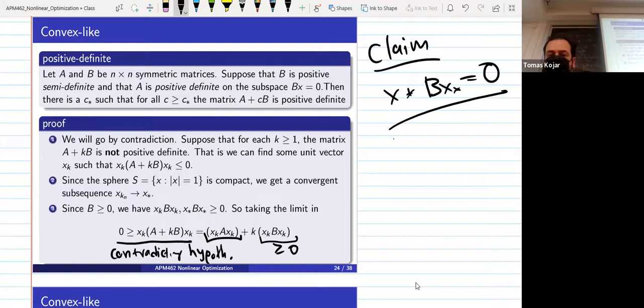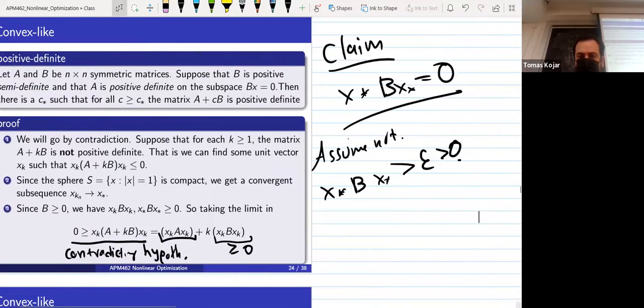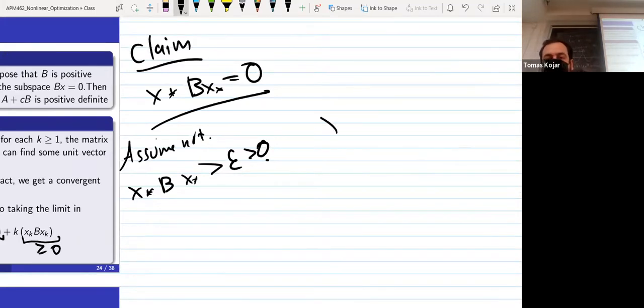So assume not. So you have x star B x star bigger than epsilon. Then you have this sequence x_kn B x_kn.